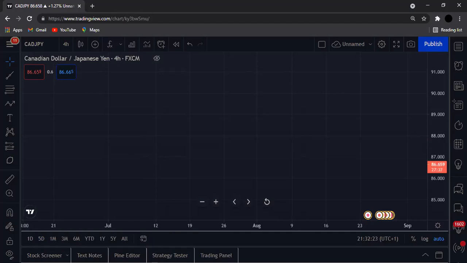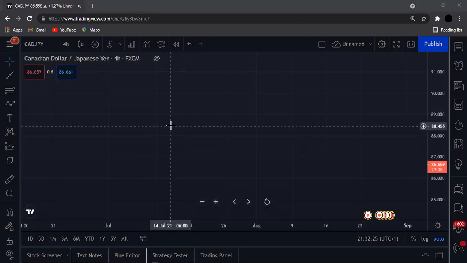For the currency pairs, like CAD Japanese yen, the present chart we are on, let's say something goes wrong in Japan, God forbid, an earthquake, war or whatever, it will affect the currency. There would be a drop in the value of the Japanese yen.